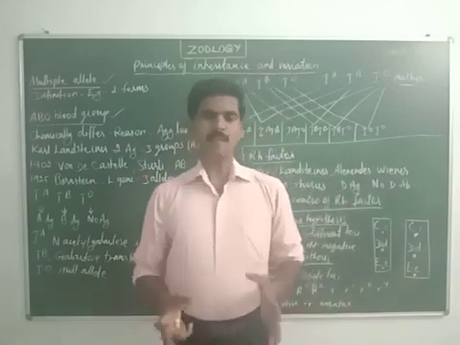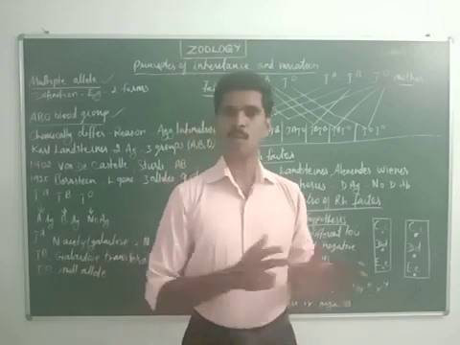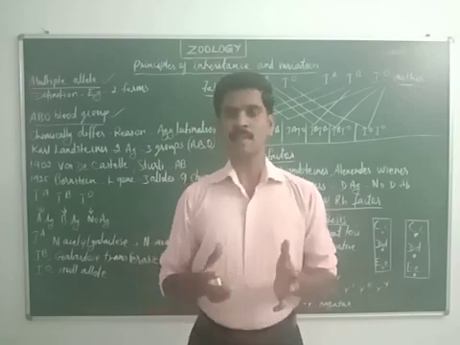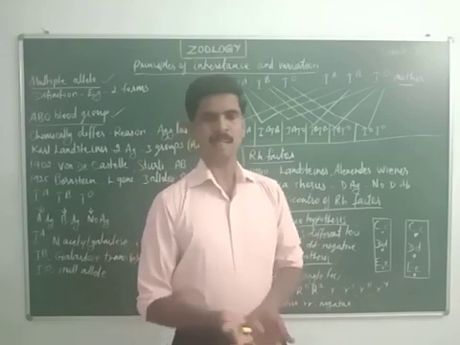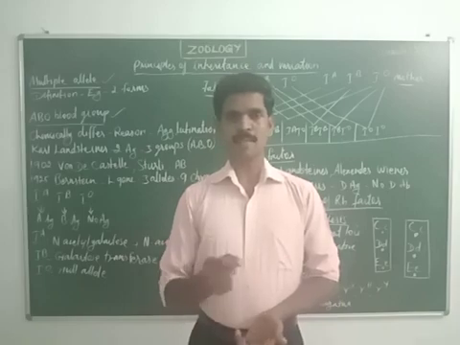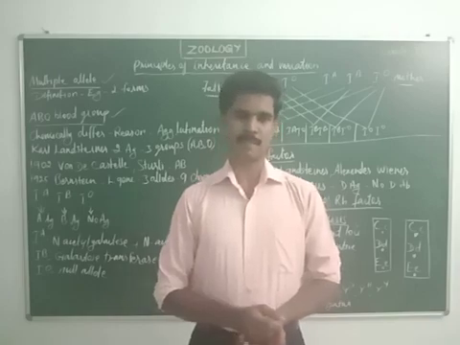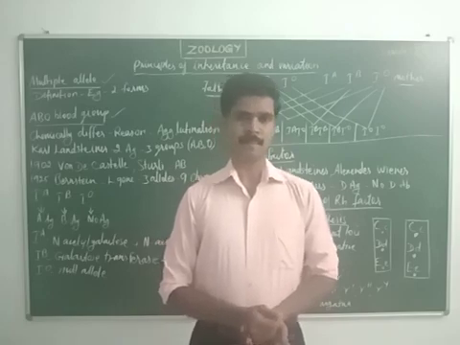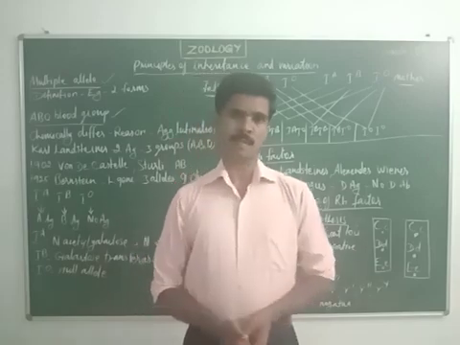Each person's blood is chemically different from another person's. The reason is that on the outer surface of the red blood corpuscles, the RBCs, antigens are present. Because of the presence or absence of these surface antigens, our blood is chemically different from one person to another.